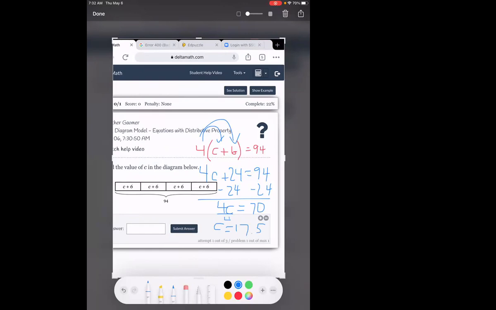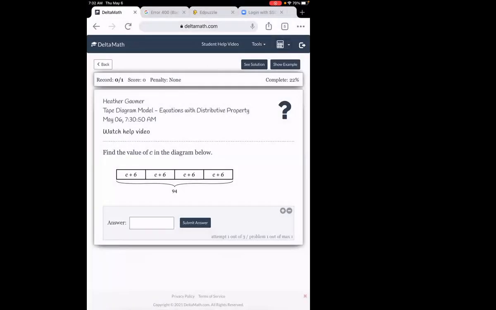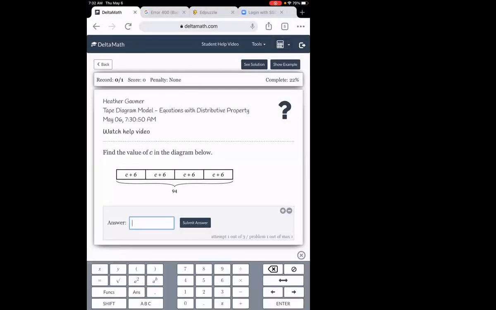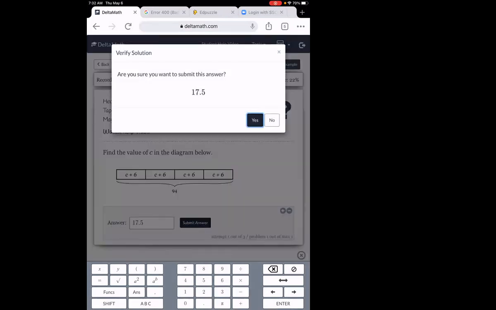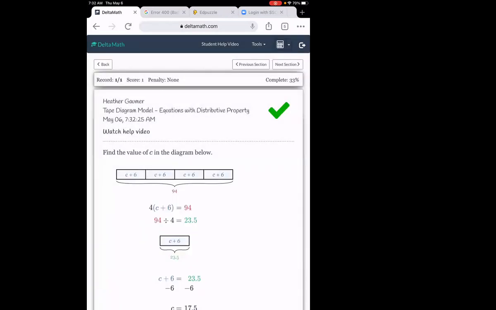I got that by dividing by 4. Okay, I'm going to save my photos. The answer here is 17.5. It would help if I actually put in 17.5. Submit my answer, and I got it correct.